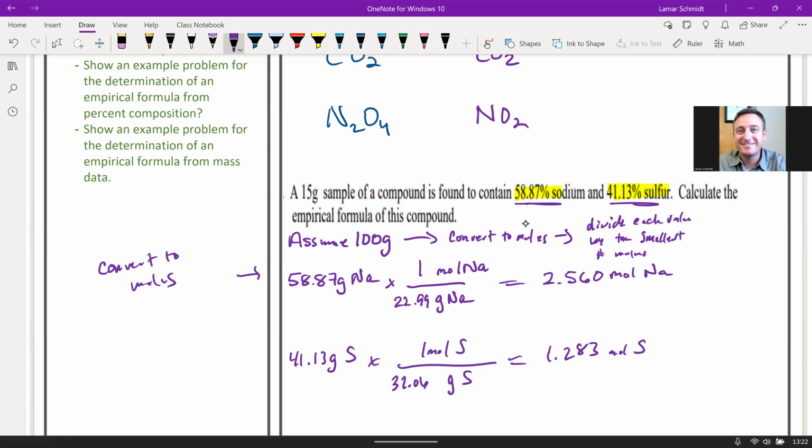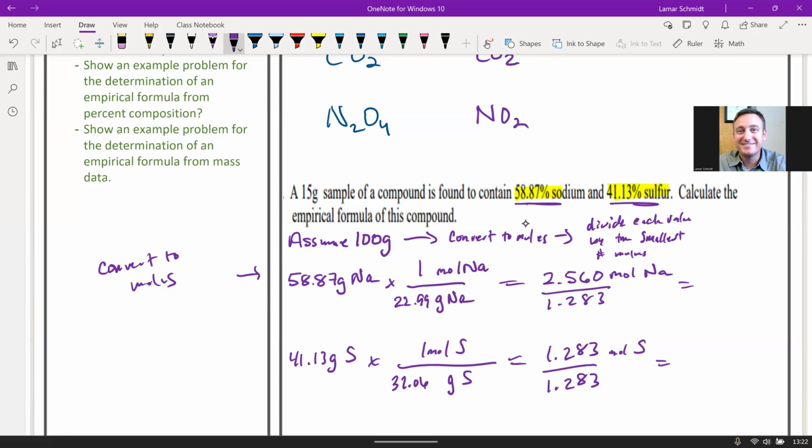Okay. What is smaller, 2.560 or 1.283? All right, 1.283. So we're going to take this one, we'll divide it by 1.283. We're going to divide this one by 1.283. And then we should get some ratio. Do you see that?